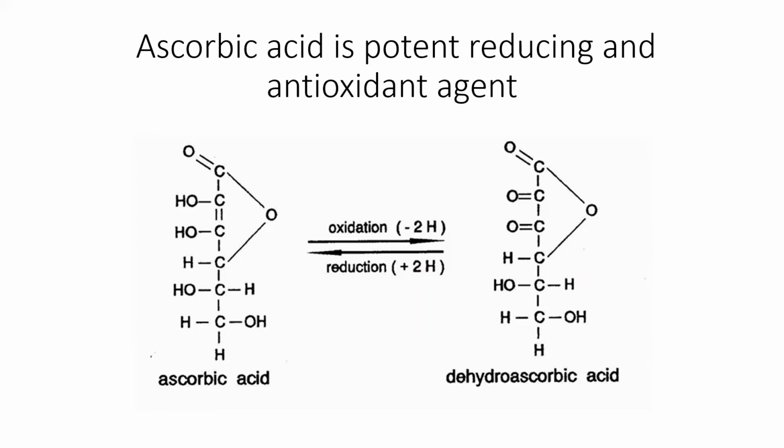Vitamin C also reduces non-heme iron from ferric to ferrous, which enhances intestinal iron absorption. It's just really all amazing. That's why if you want to increase your absorption of iron, they say to eat vitamin C with it.